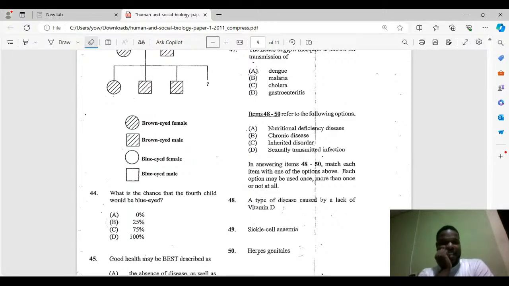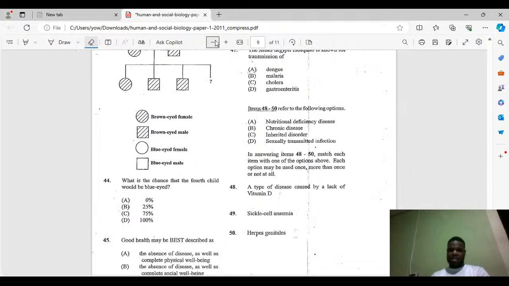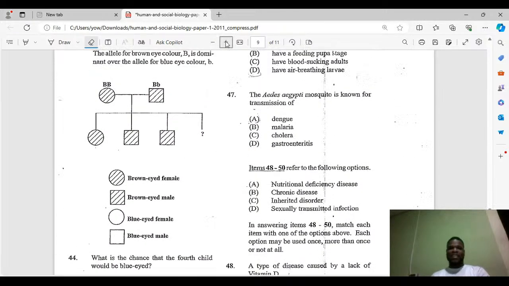I'm seeing B. I'm seeing 25%. I'm seeing a lot of B's.